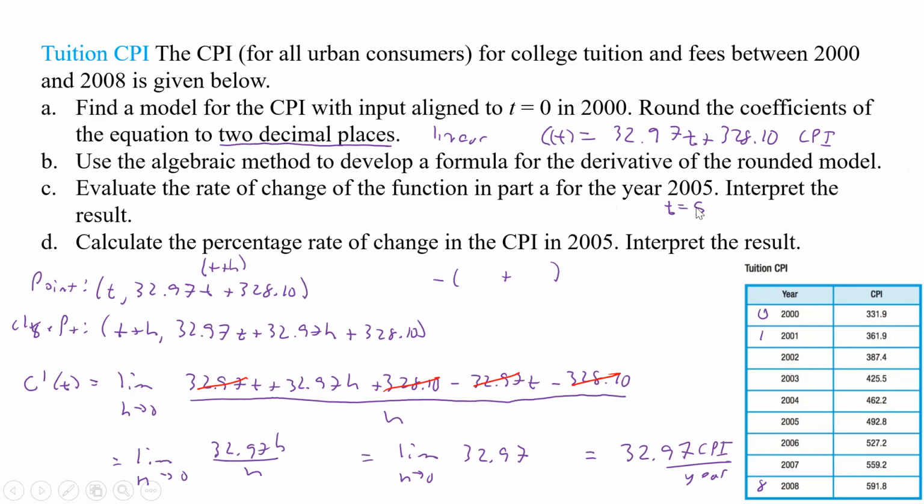All right, so we go over here and we're going to say C prime of 5 equals 32.97. And there was no t here, so the rate of change at 5 or 4 or 1 or anything is going to be the same.